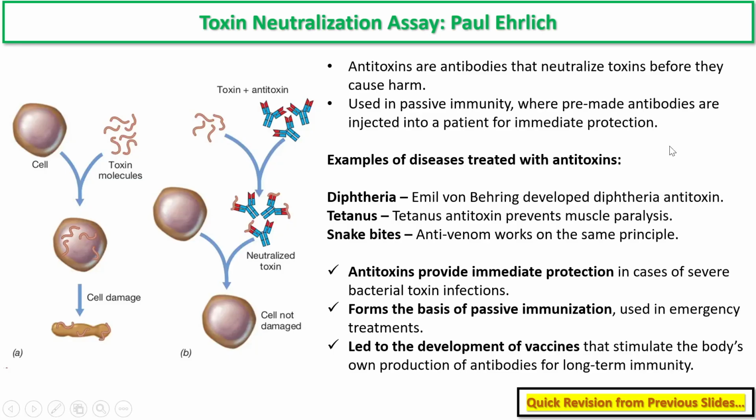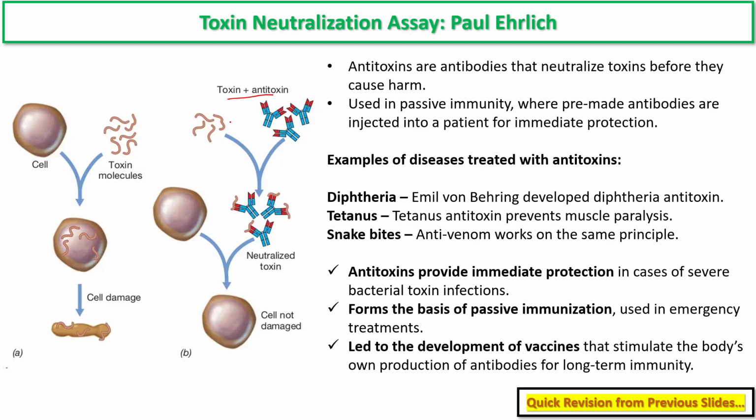So the second experiment regarding antisera was by Paul Ehrlich, where he discussed the toxin and antitoxin conjugate.